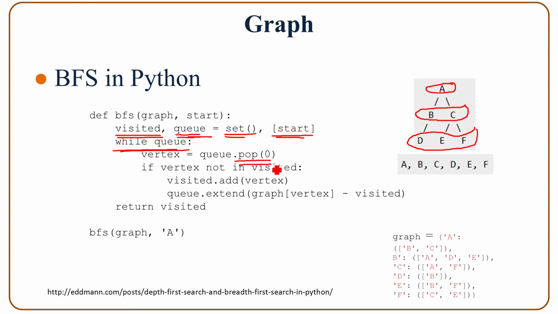You pop the first element from the queue, which is the one at the bottom of the queue, and store it to vertex.